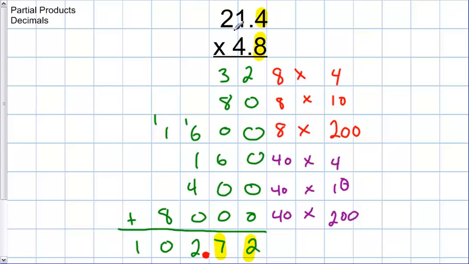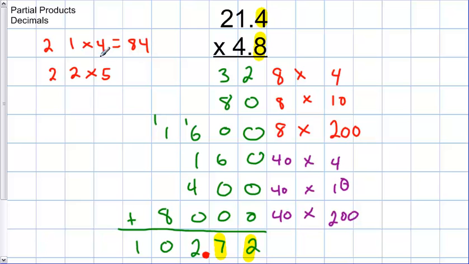So let's double check just with estimation. 4 times 20. So I've got 4 times 21 times 4, or 22 times 5. Make my 5 look a little bit better.